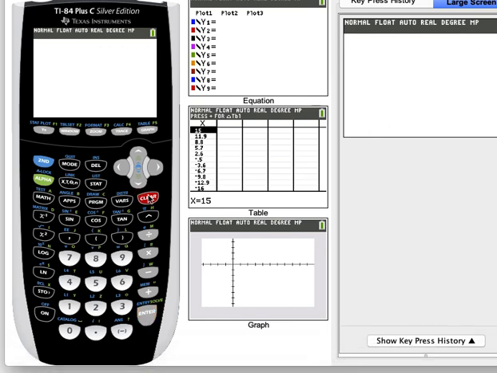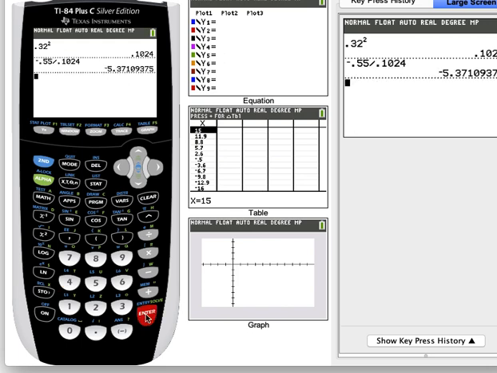Yep, 0.32 squared is 0.1024, and now I'm going to do negative 0.55 divided by 0.1024, and I get an A value of negative 5.37.